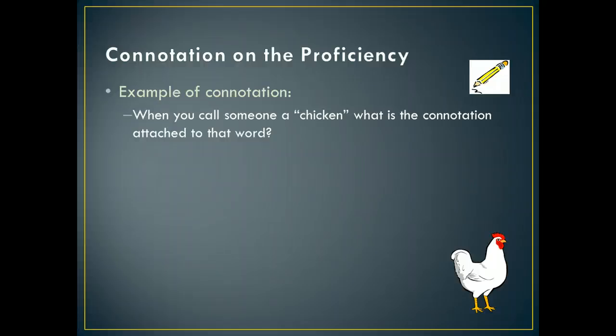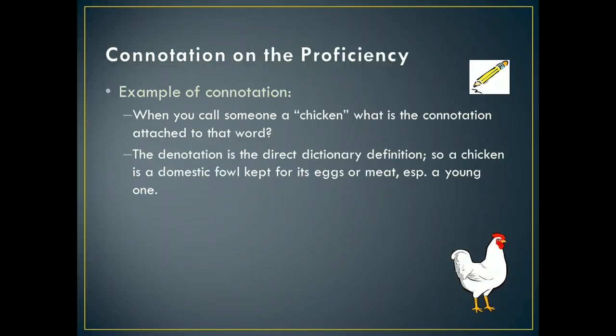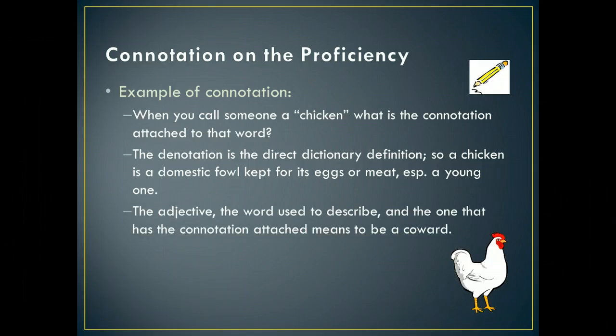Fabulous. Okay. So, when you call someone a chicken, what is the connotation attached to that word? First of all, the denotation is the direct dictionary definition. So, a chicken is a domesticated animal that you keep for eggs or meat. But the connotation is that additional descriptive word that has feelings attached to it.